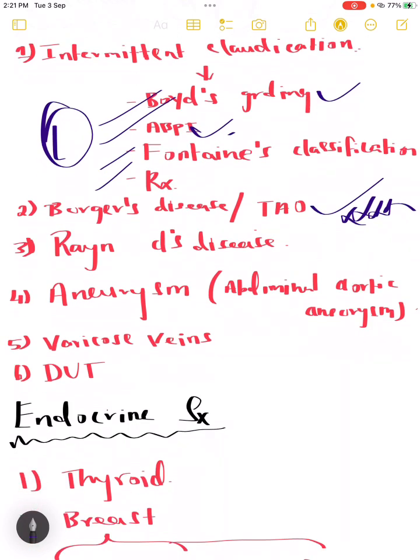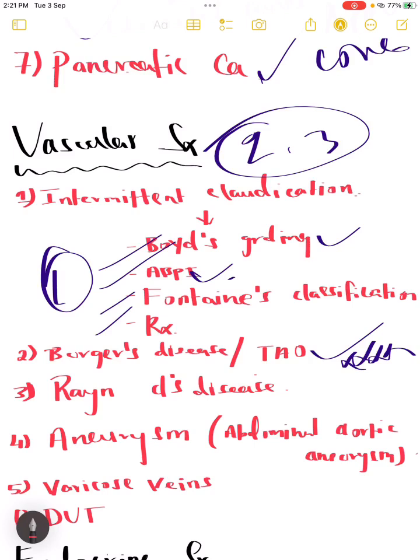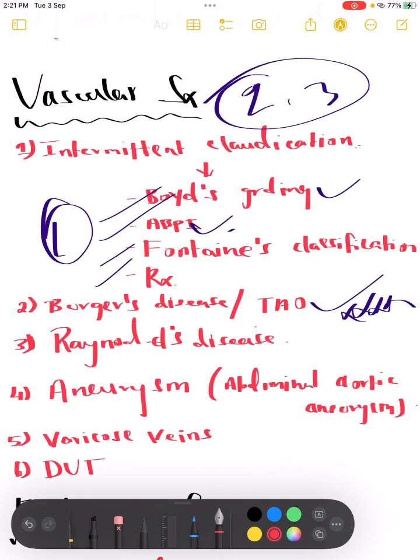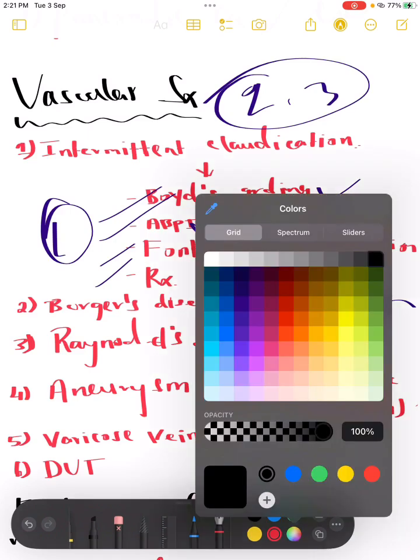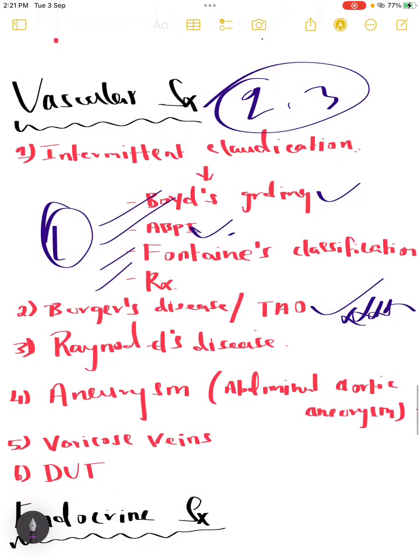So Raynaud's, I mean, Raynaud's phenomenon, I don't know the exact name. Raynaud's disease is very, very important. There will be three colors, I think: white, blue, and red.